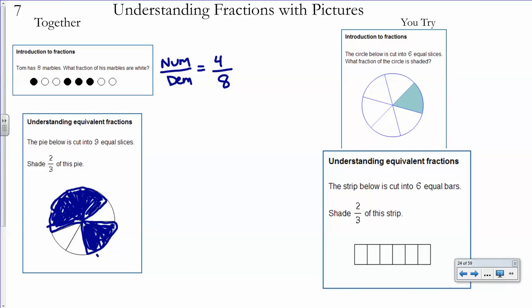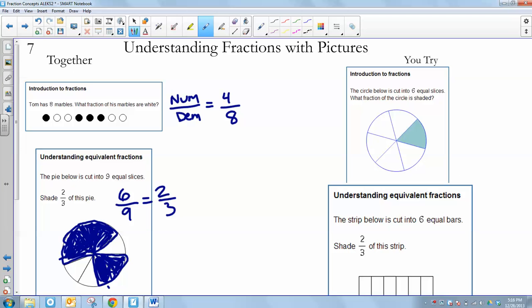So total, I have 1, 2, 3, 4, 5, 6 out of 9 slices, which is equal to 2/3. All right, now you're going to hit the pause button, and you will do the you-try problems, and I'll be back with answers in just a second.